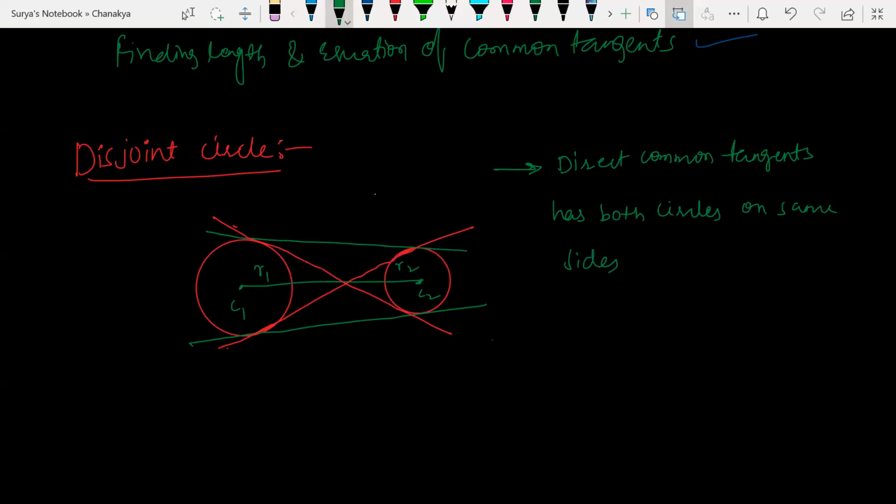Look at this. Now, next point is transverse common tangents.